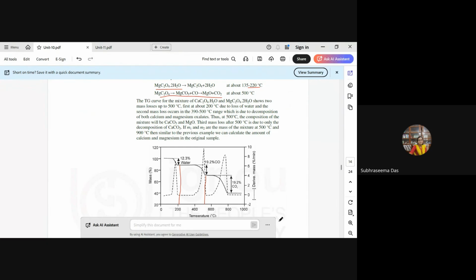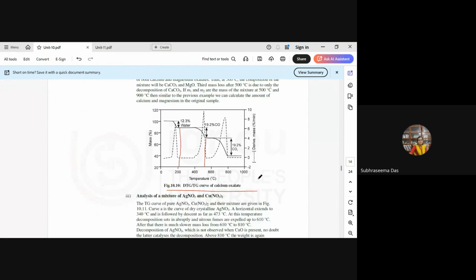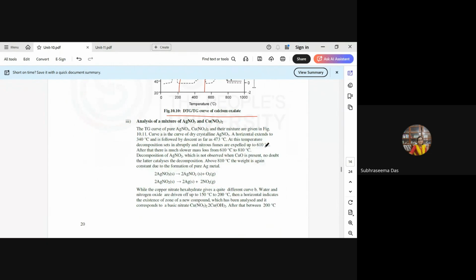Beyond 500 degrees centigrade, the mass loss is only due to the calcium carbonate, because the magnesium carbonate has already been broken down to MgO. So here M1 and M2 are the masses of the mixture taken. If we know the values exactly, then we can calculate the amount of calcium and magnesium present in the original sample. So this is how TG curves are used in knowing the exact amount of the materials present in the sample.